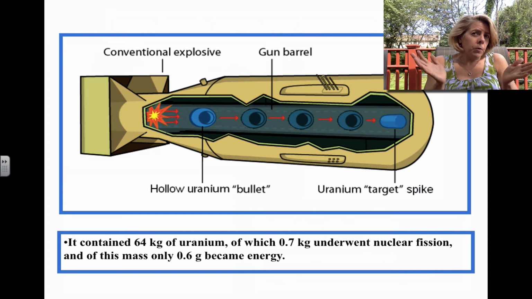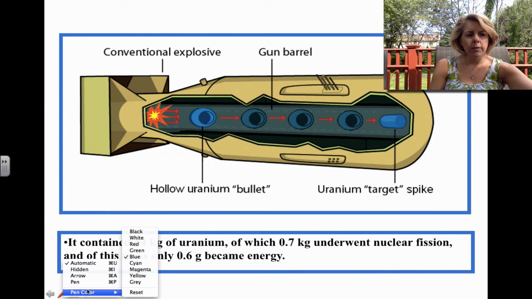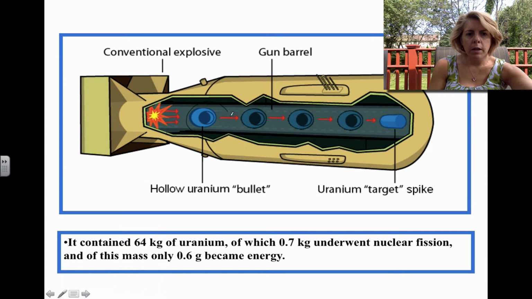Now, in order for a nuclear bomb to work, there has to be an explosive device that is attached to the unit. Notice that you have a uranium bullet, and it's essentially being fired by the explosion. And as it comes in contact, it creates the fission, which eventually creates the explosion.